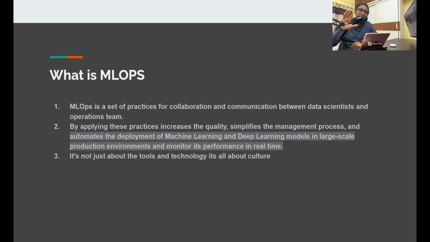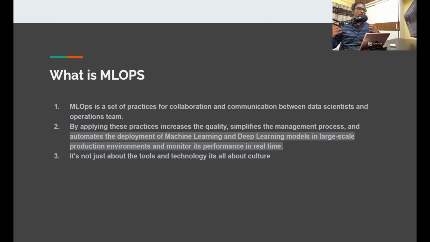If you see, the name itself says it, right, MLOps. So the ops team is involved during the deployment and migration. MLOps is more about how you deploy your model, how you monitor your model, and how you automatically retrain your model and deploy it again.